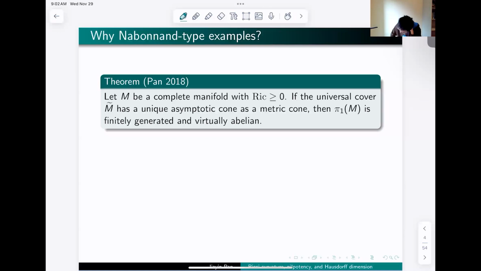I went to UC Santa Barbara for my postdoc, and I mentioned this result to Guohang.